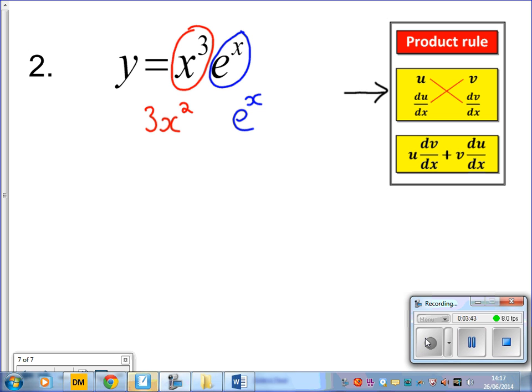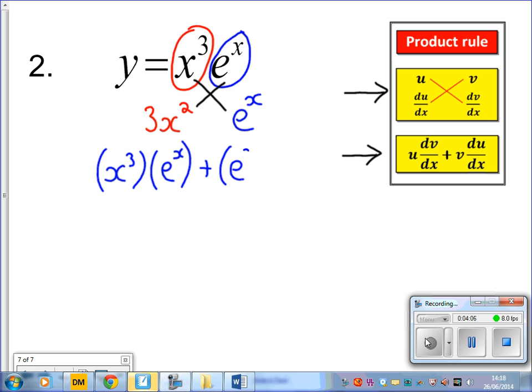Following this pattern, I'm replacing it into this formula. I'm going to have u, which was x cubed, keeping it in brackets, times by dv dx, e to the x, plus v, also e to the x, du dx, 3x squared.